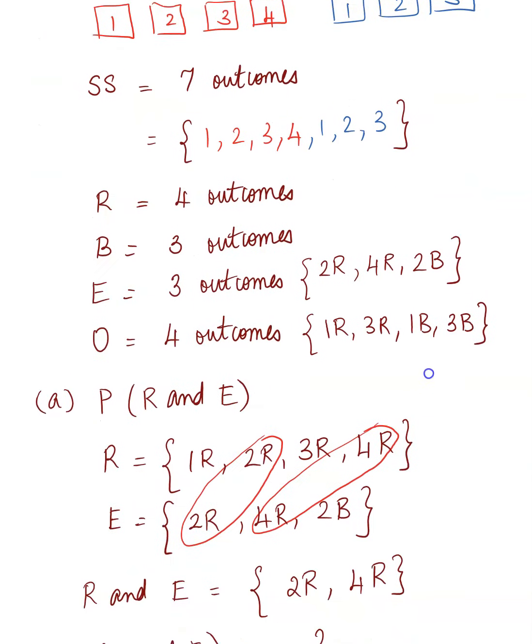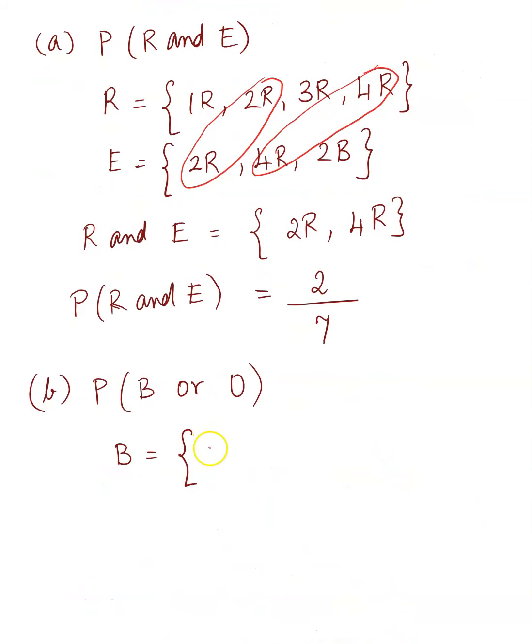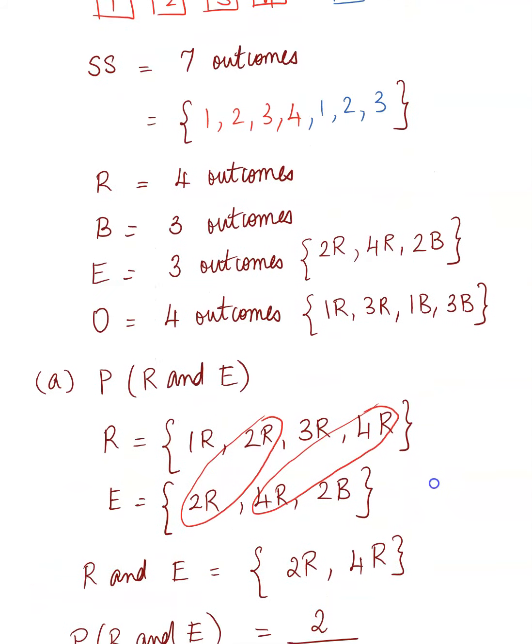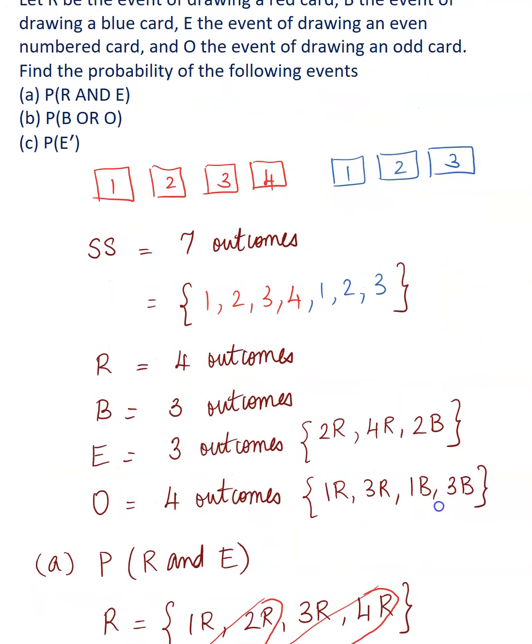So we have 1B, 2B, and 3B as the outcomes. And O was odd numbered cards, right? O for odd. So then you have 1R, 3R, 1B, 3B.